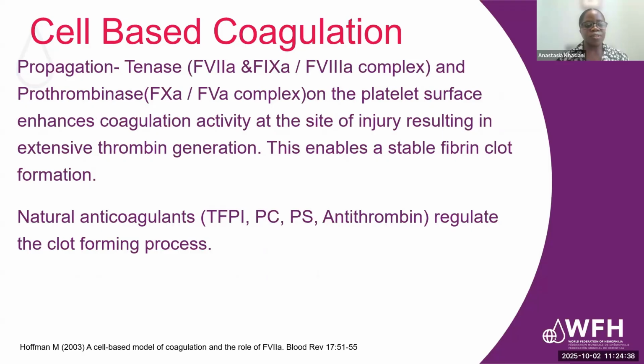So the final phase is the tenase complex and prothrombinase complex attaching onto the platelet surface to enhance coagulation activity at the site of injury. As the coagulation activation goes on, there's massive thrombin production, and this thrombin production helps in the conversion of fibrinogen to fibrin, and this will enable the stable fibrin clot formation at the site of injury.